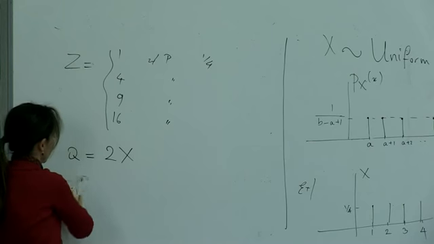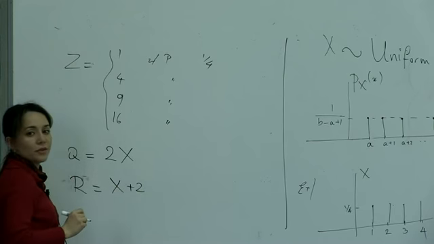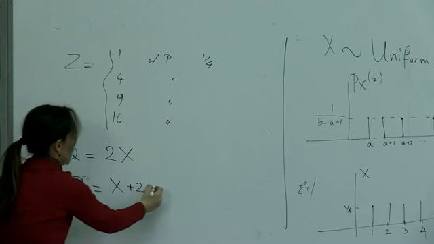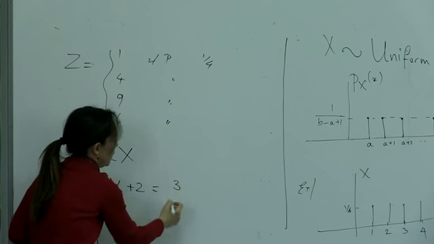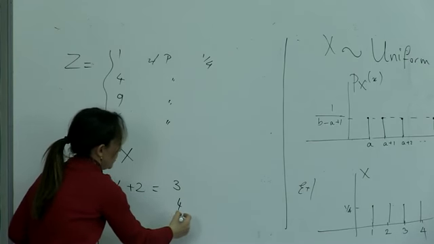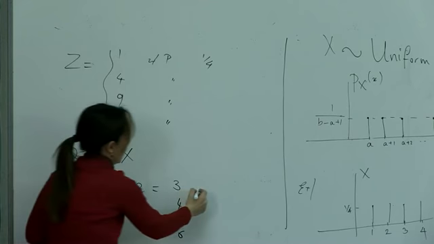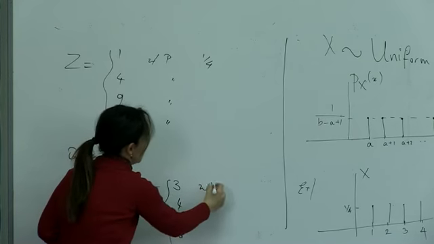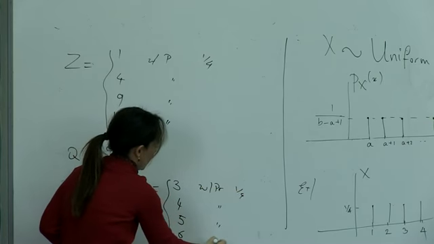Okay, how about this? Now let's use another letter. R is x plus 2. Is it uniform? So let's check. R is 3 or 4 or 5 or 6, with probabilities 1/4, 1/4, 1/4, 1/4.